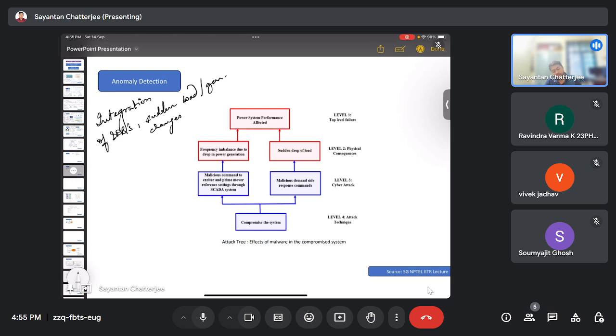Now the wind or solar have some kind of uncertainties prevailing in them, based on this forecast. So forecast can't be accurate. What this leads to is that there can be sudden load generation mismatches, and we need to properly detect them.